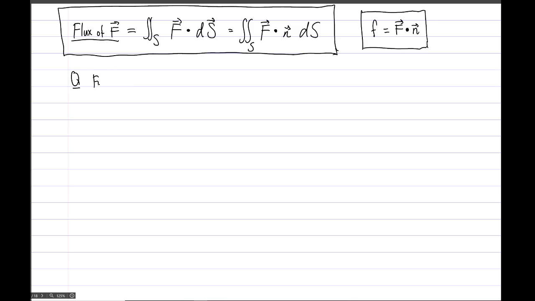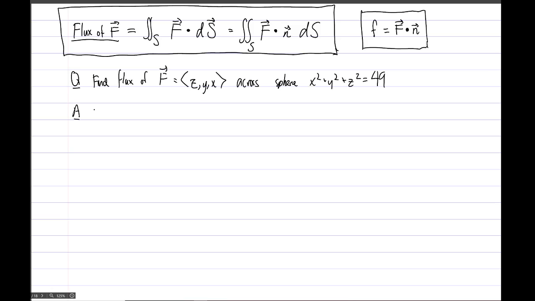Let's find the flux of the vector field, angle bracket z comma y comma x, across the sphere x squared plus y squared plus z squared is equal to 49.